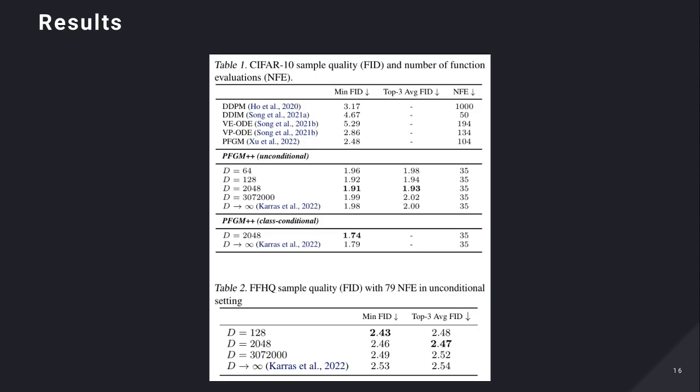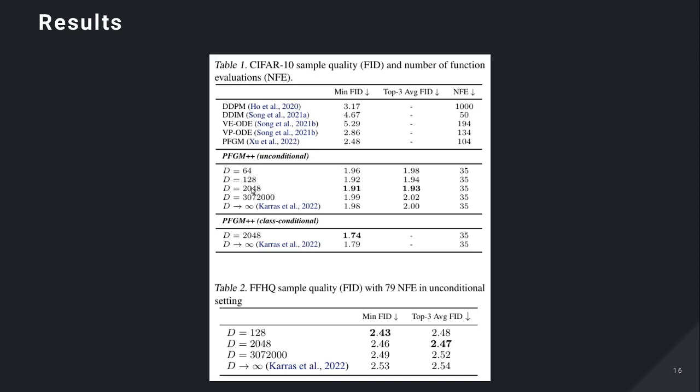Speaking of results, they do experiments on CIFAR10 and FFHQ, and they report the FID, and you see that compared to the baselines, their PFGM++ does compete quite handily with the existing models. Notice an important fact: it's not d equals 1 or d equals infinity that perform the best. It's some d between the two.